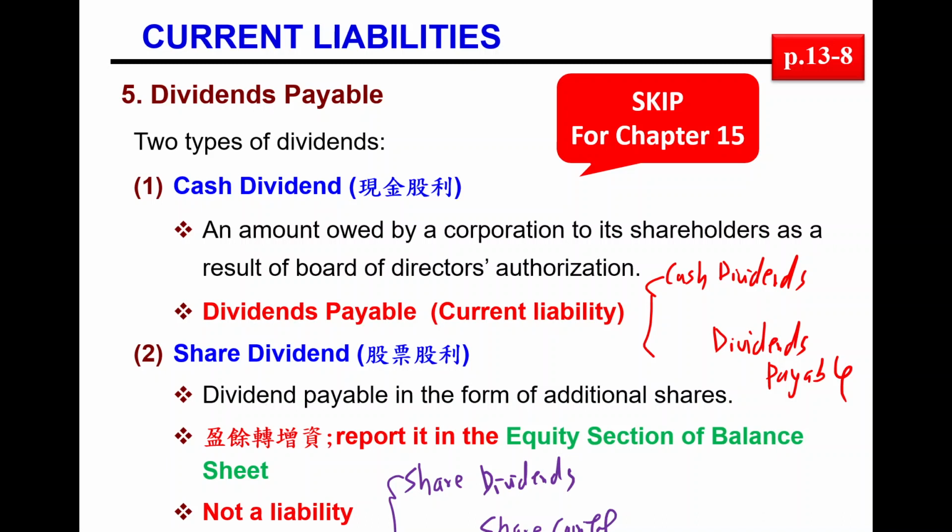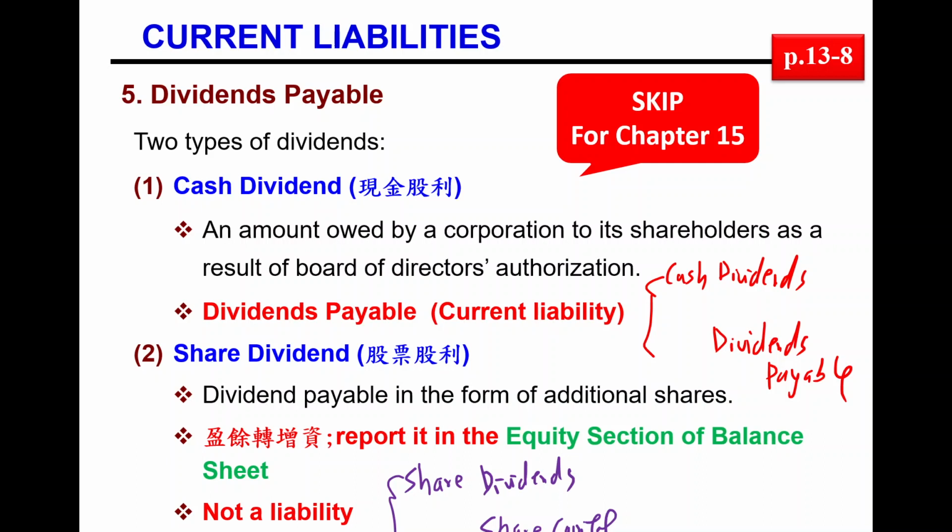That's for the journal entry. But if you skip the journal entry, you will understand why. Dividends payable means you owe someone money, right? So in the future, you have to pay the money to someone. That's a cash dividend. For share dividends, in the future we are going to give them shares, so they will become your shareholders again.